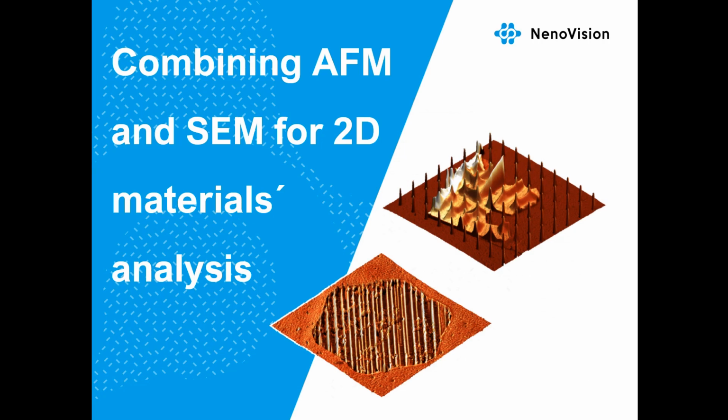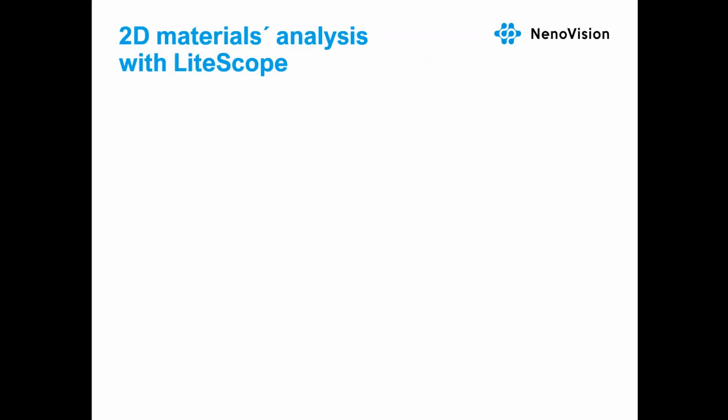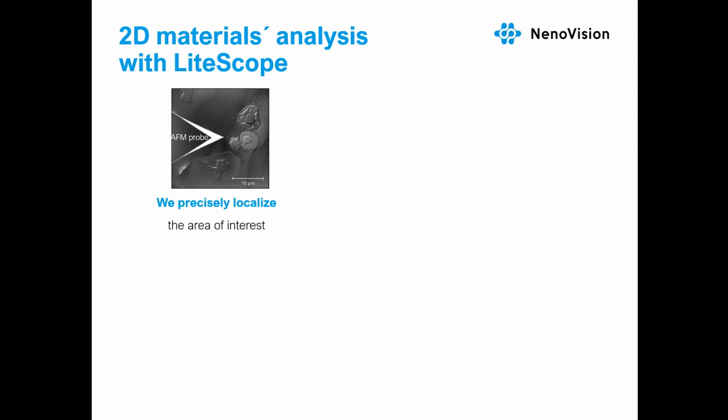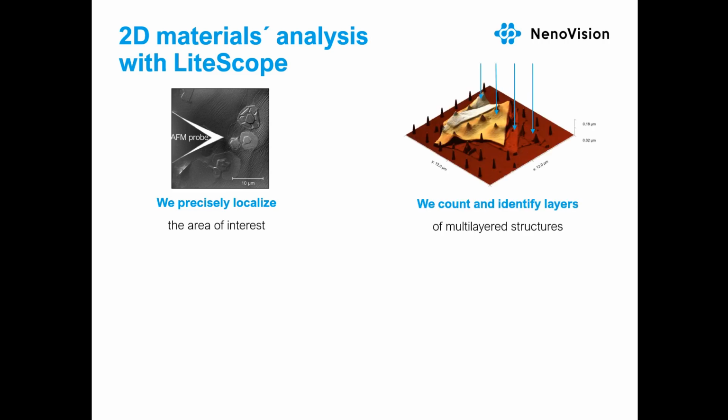The following 4 categories will demonstrate why the combination of AFM and SEM together with correlative CPAM technology is advantageous for 2D material analysis. Firstly, using SEM to localize the specific structure and to navigate the AFM tip to that structure can be crucial for successful sample analysis. Then both SEM and AFM complement each other in identification of individual layers of multi-layered 2D materials.